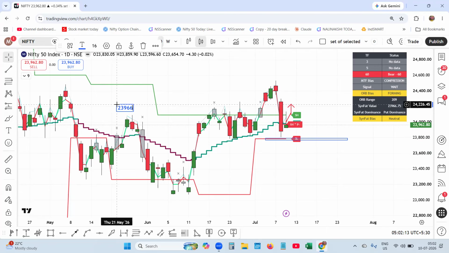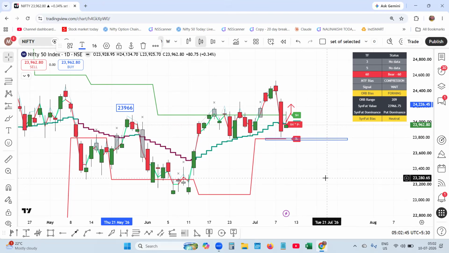In this, the synthetic future bias it is telling neutral, and it is showing put dominance because while closing, put became more costly. When there is put dominance, we can see the opposite can happen. Market for a while it can gap up. Since it is showing a neutral thing, there may be range bound trade also.